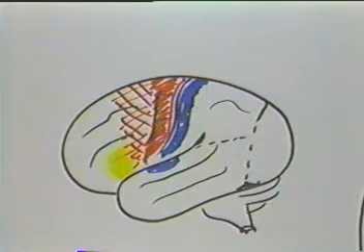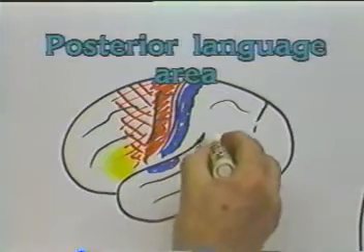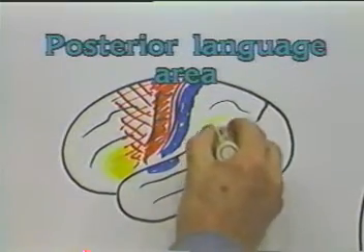The area of these two gyri plus the surrounding cortex are important for the understanding and comprehension of written and spoken language. And it's referred to as the posterior language area.